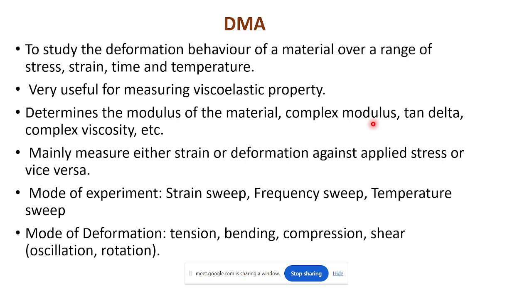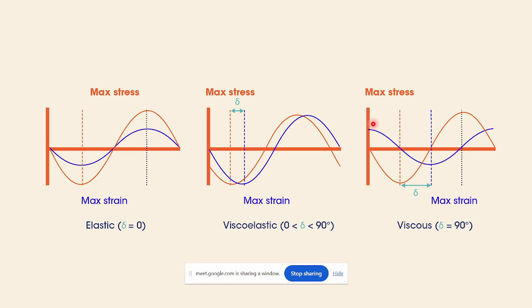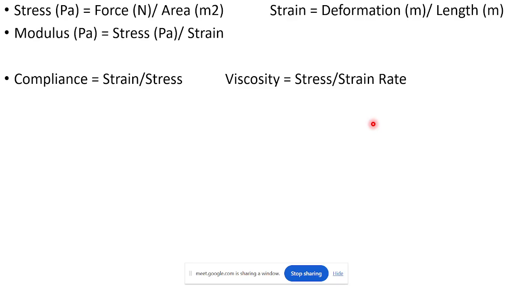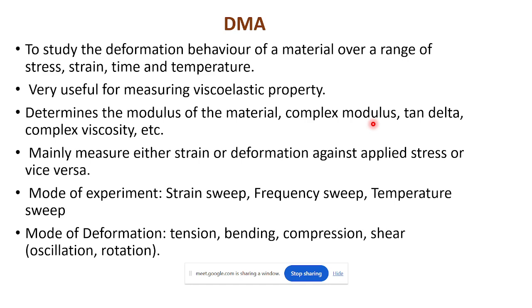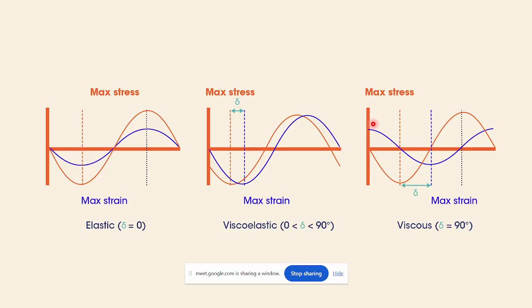Otherwise, you will not get the importance, or you cannot probe the material behavior, physical behavior. If you ask any question regarding DMA, that will also be helpful for me. That's why I'm asking. Otherwise, I'll stop.